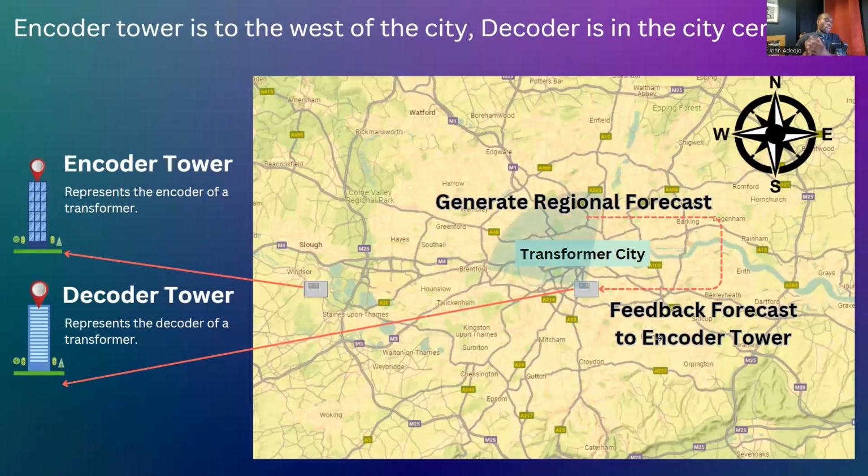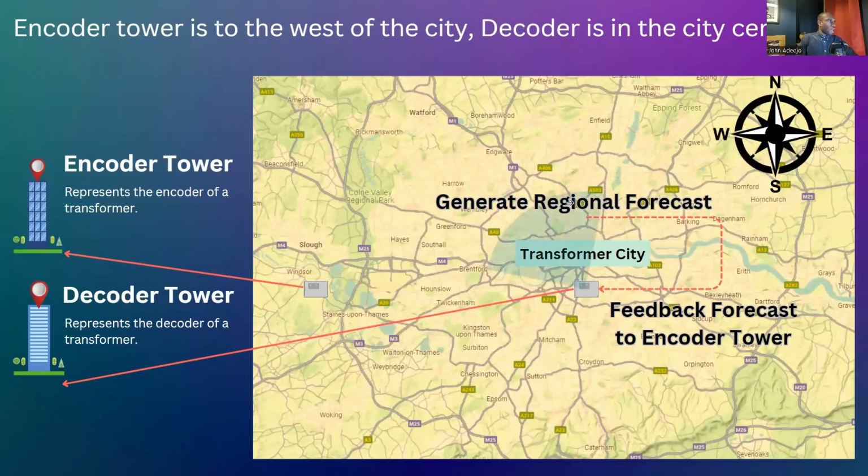So we have some information that's sent over from the encoder tower. That's all the context of the weather over in this region. It's sent across, and the decoder tower uses that and goes, okay, there's some patterns here. We think the weather in the more easterly region is going to be like this. And there's a weather forecast generated there.